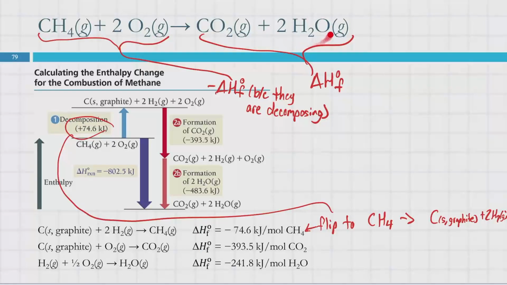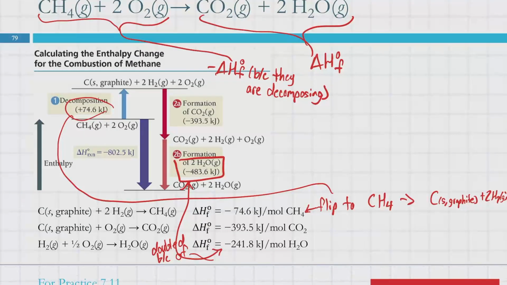And then for our H2O, we've got 2 of them, and so we're adding here the delta H for 2 equivalents of H2O, because we've got a coefficient of 2.